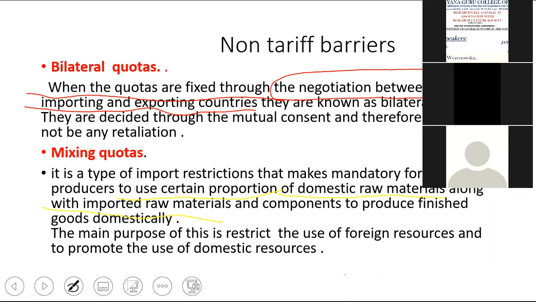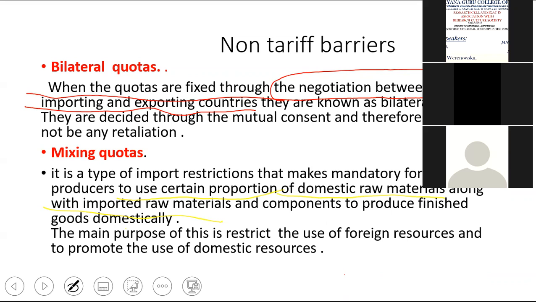What is the agreement? When you are importing any product, it is very important that more than half of that product you make in India. The rest, you can import.